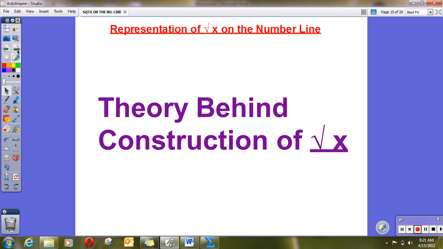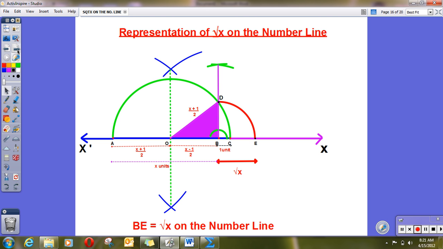Now what is the theory behind construction of square root of any number, let's say x. Let's see and analyze this figure, what we did while constructing square root of x or square root of 9.3. We started with construction of AB measuring x units.